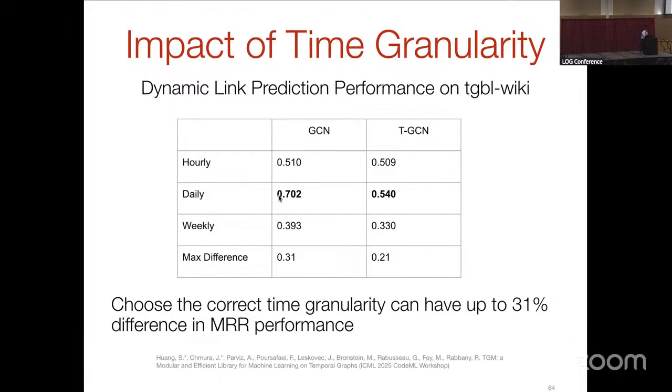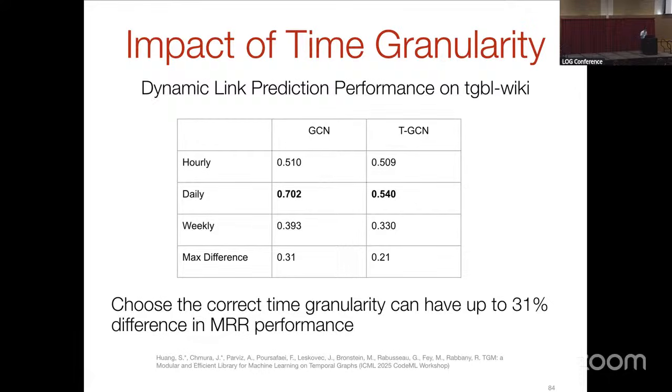The table here shows that when you train GCN on hourly snapshots, it gets about 51%. If you train on daily, it can go to 70%. And then you go to weekly, then it goes to like 39%. And we see this not just on GCN, but also on a different temporal graph model.